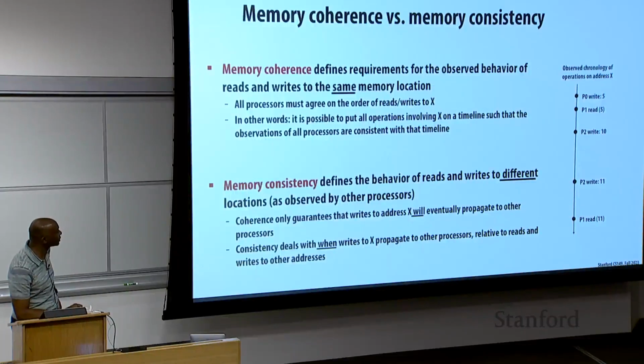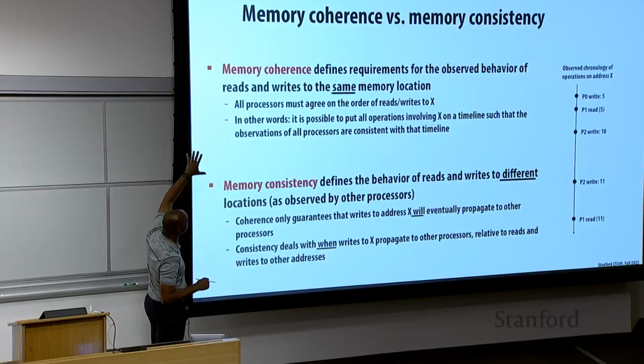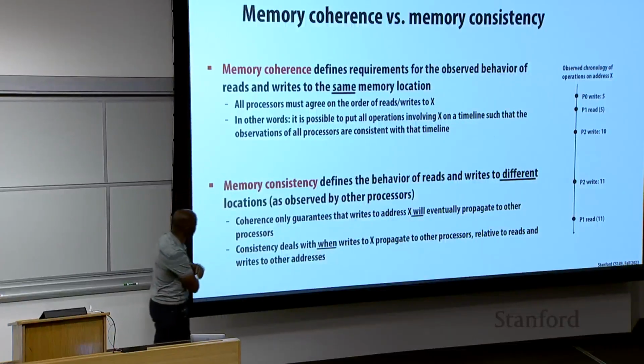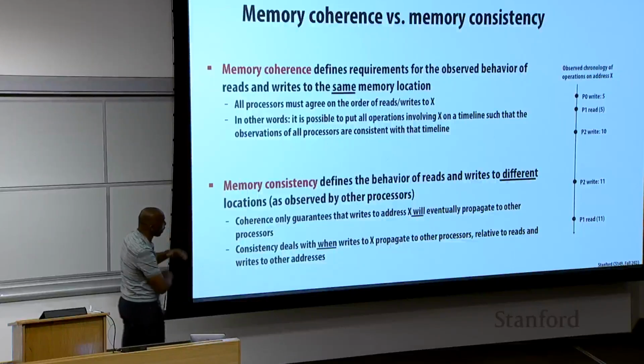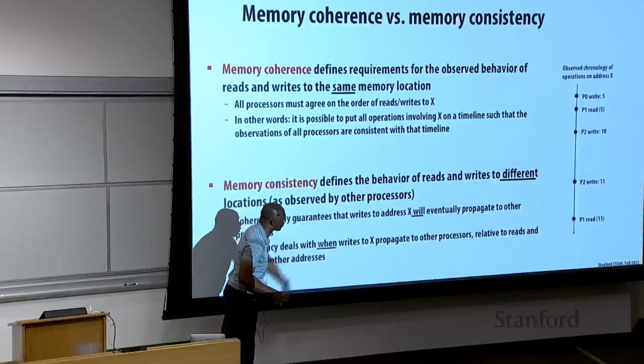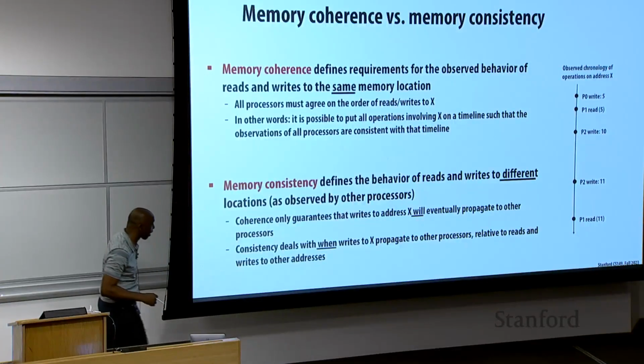Memory consistency differs from memory coherence because we're talking about multiple different addresses. Memory consistency focuses on reads and writes to different locations as observed by different processes.